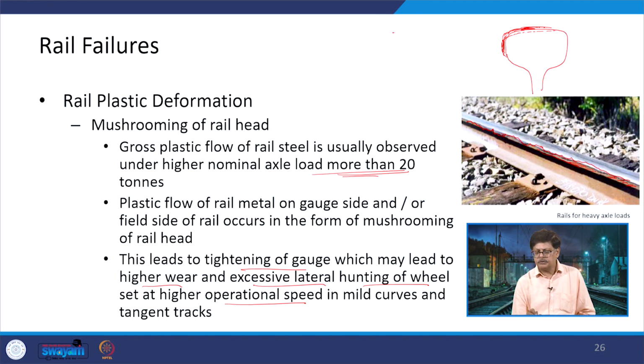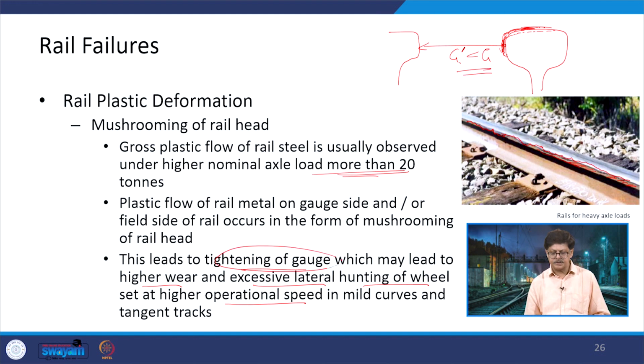Now, when we talk about the other rail head on the other side, this was the gauge 1676 mm, the broad gauge. But now, because this material has got deposited at this location on the gauge face, the gauge has become not G, it has become G dash, which is less than G. So, it means the tightening of the gauge is happening here.